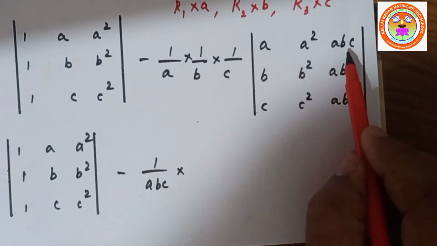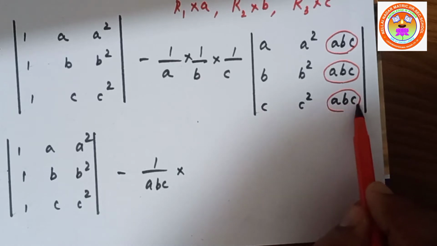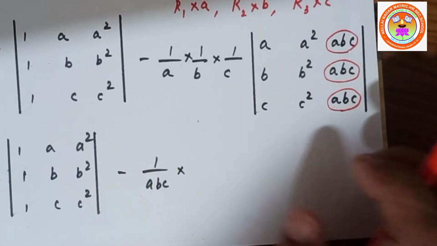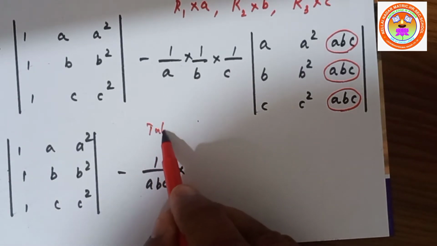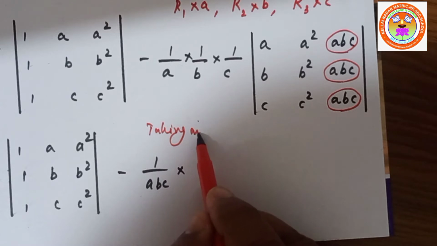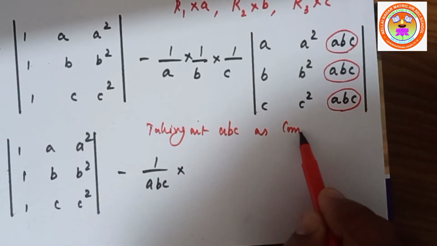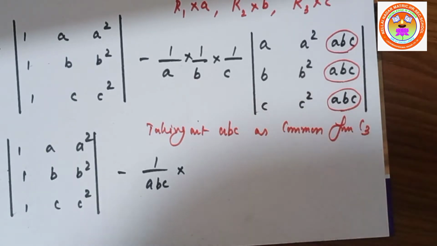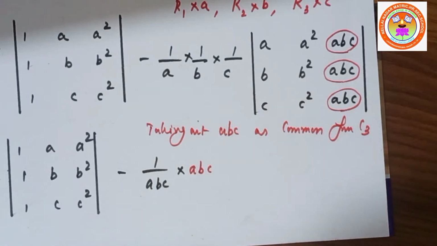So you can take ABC as common from C3, not R3, C3. I am writing for your reference, taking out ABC as common from C3.